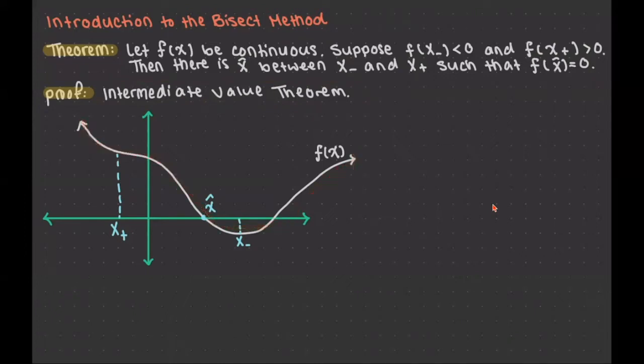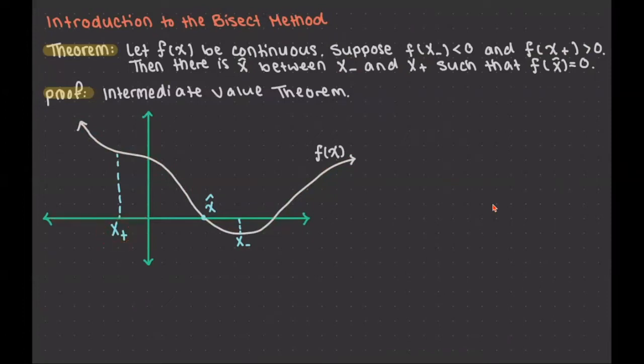So here I have a sketch of some function f(x). We can use the intuitive notion of continuity, that I can put my pen on the paper and trace over the function without having to lift up. So for instance, here's our x plus, and you might be confused and say, why is x plus here on the left?